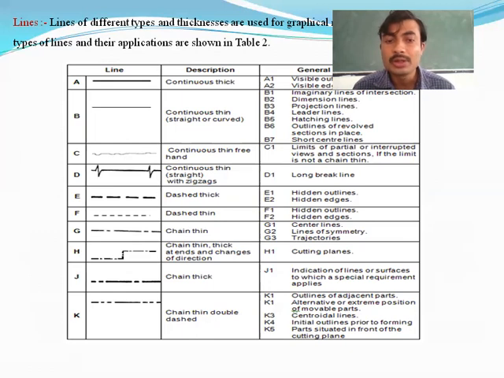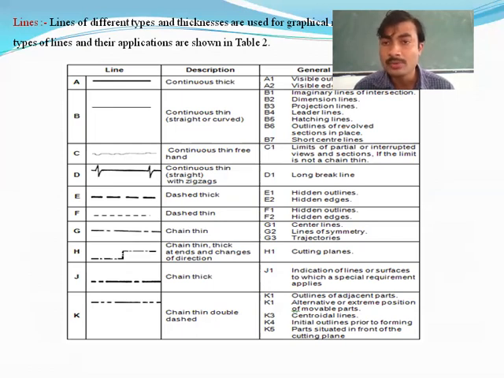The next one is chain thin thick at ends and changes of direction. This is to be used when you want to cut the object, that is you have to use the cutting plane. That cutting plane is also known as a section plane. Whenever you want to show the cutting plane or section plane, this type of line is to be used, that is chain thin thick at ends and change of direction.